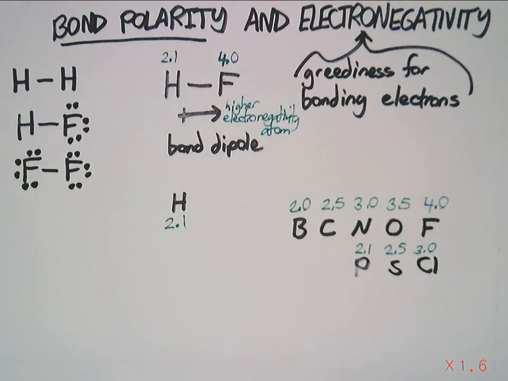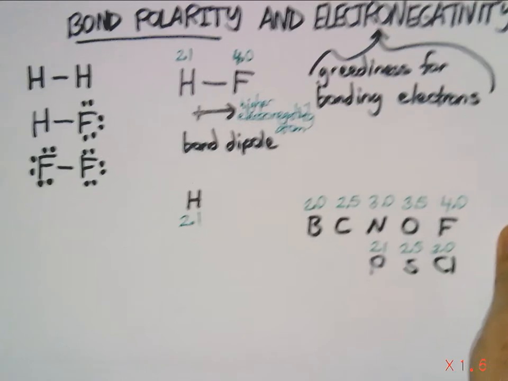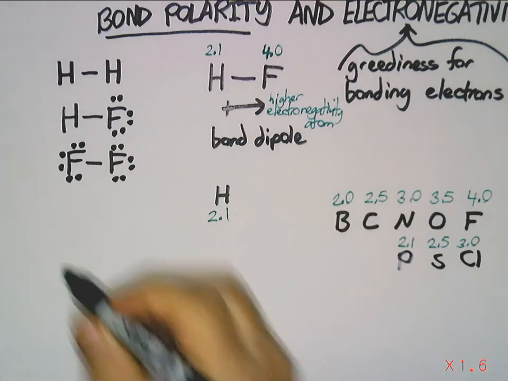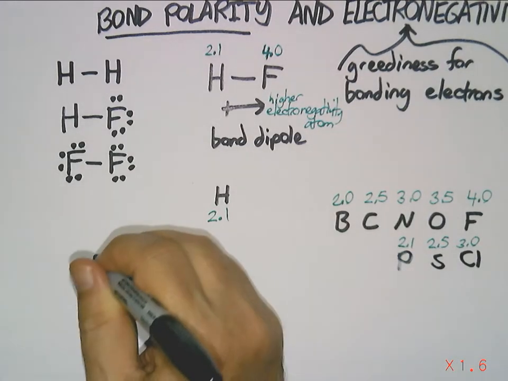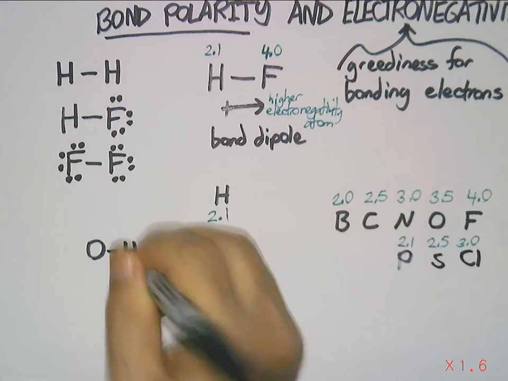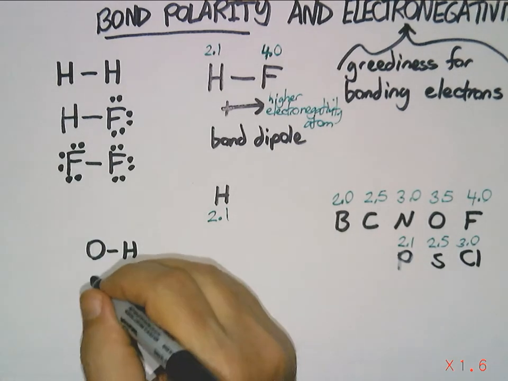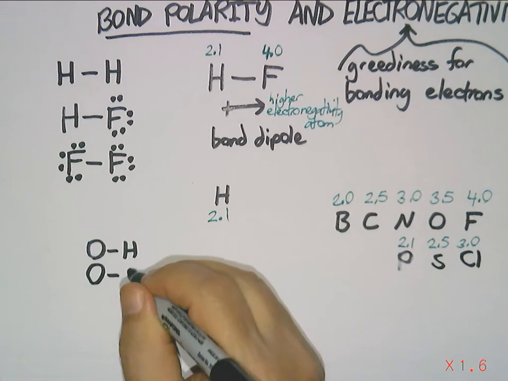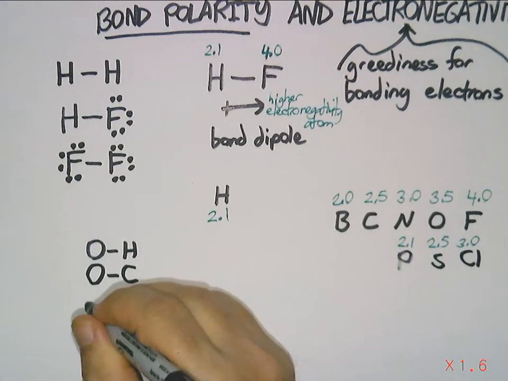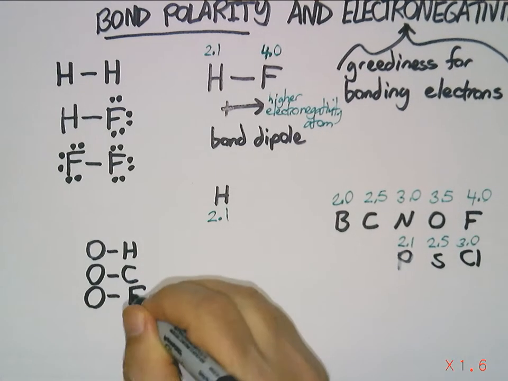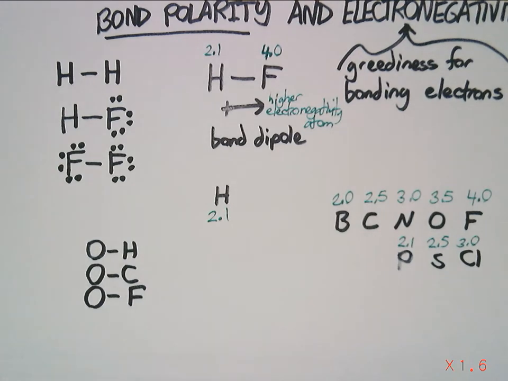Now let's compare a series of bonds. Let's suppose we have an oxygen-hydrogen bond, an oxygen-carbon bond, and an oxygen-fluorine bond. And we want to see which one is the most polar. That is the one that has the biggest separation.